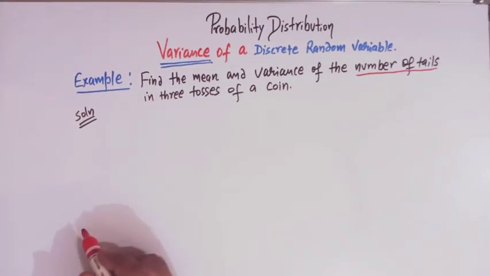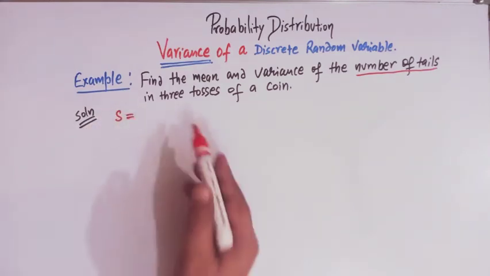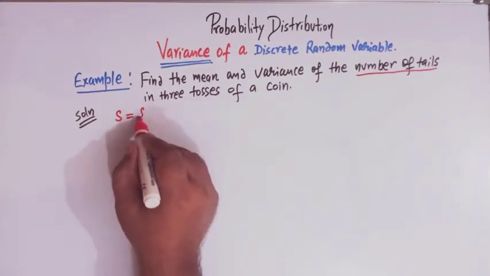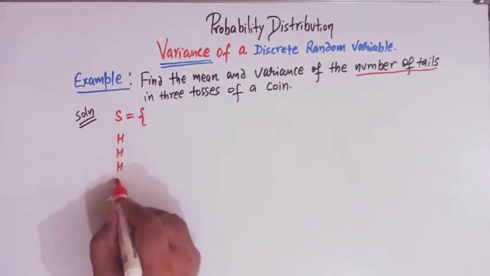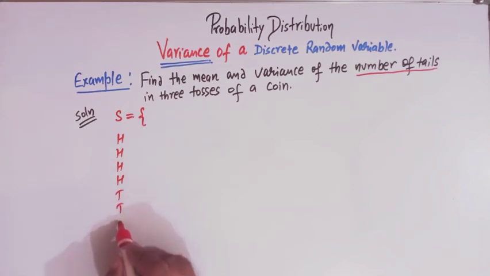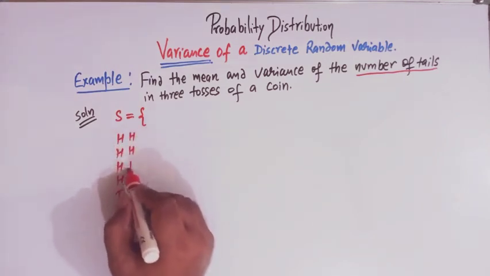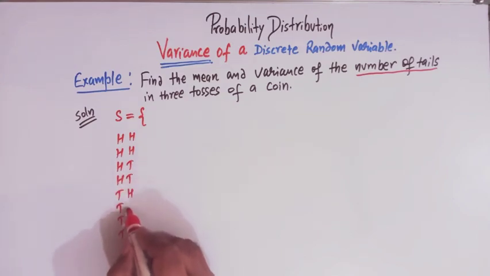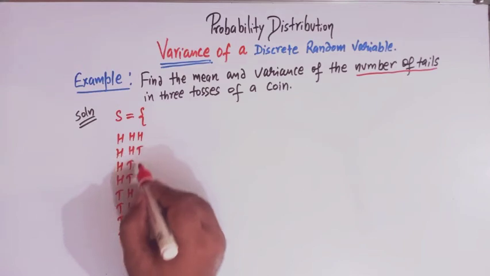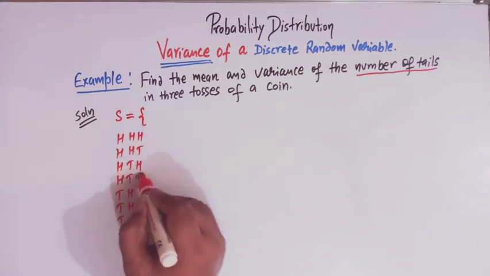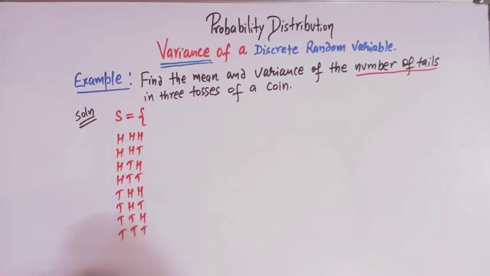Okay, so the sample space for this experiment, we can write HHH, HHT, HTH, HTT, THH, THT, TTH and TTT, right?